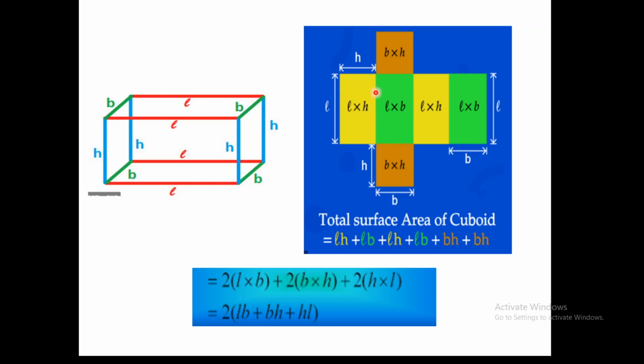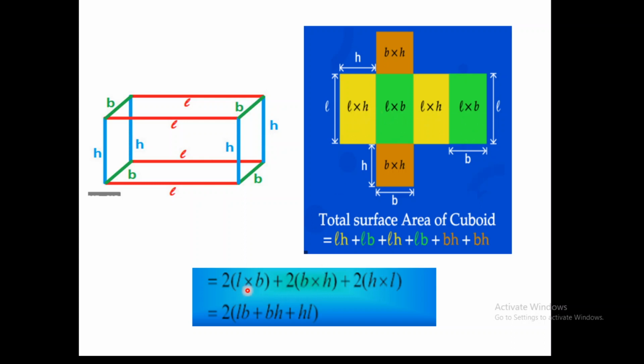Just look at this yellow one: its area is length into height. So length into height comes 2 times, breadth into height comes 2 times, and length into breadth also 2 times. Length into breadth comes at the bottom and top. If we consider this as a room, this length into breadth comes as floor and ceiling.